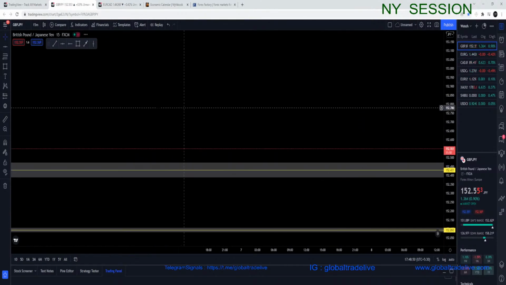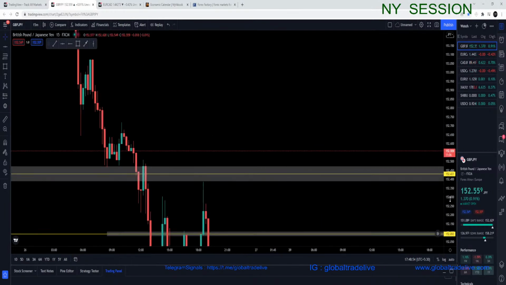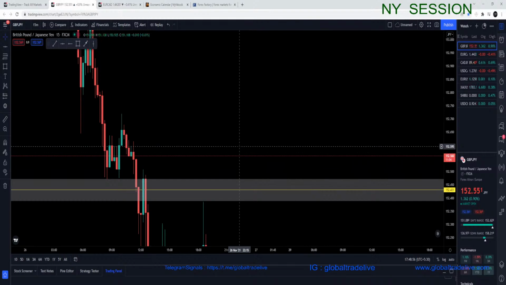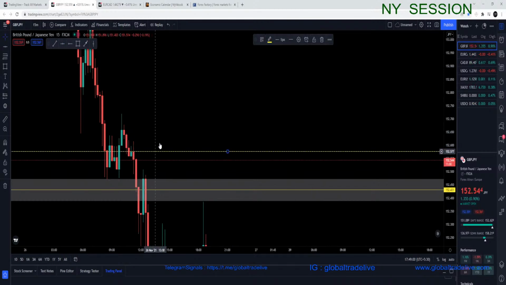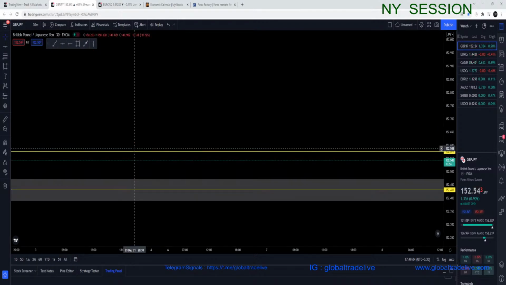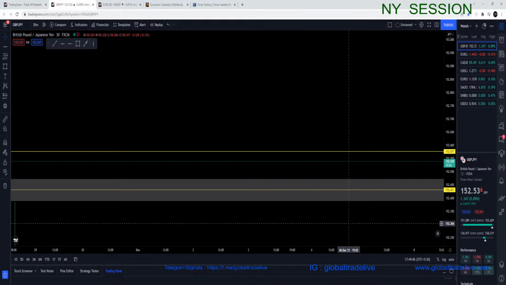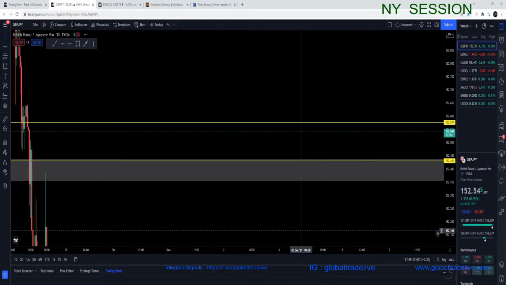So let's check GBP JPY whether we have clean range on the left or not. So right now market is coming down from here. That means the candle should be closing nearby this level. I'm gonna go to 30 minutes. 30 minutes still open. Oops.